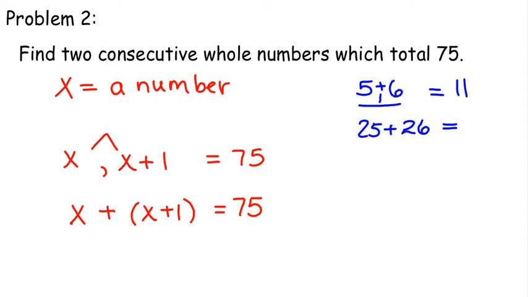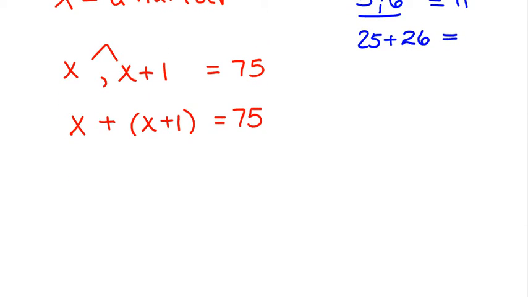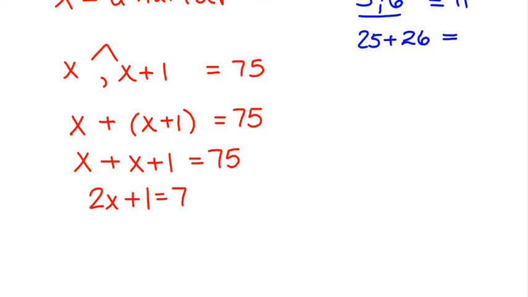Now we're going to use that equation to solve. So we're going to drop the parentheses and combine like terms: x plus x is 2x. We're going to undo the 1, so we're going to subtract 1 from both sides.